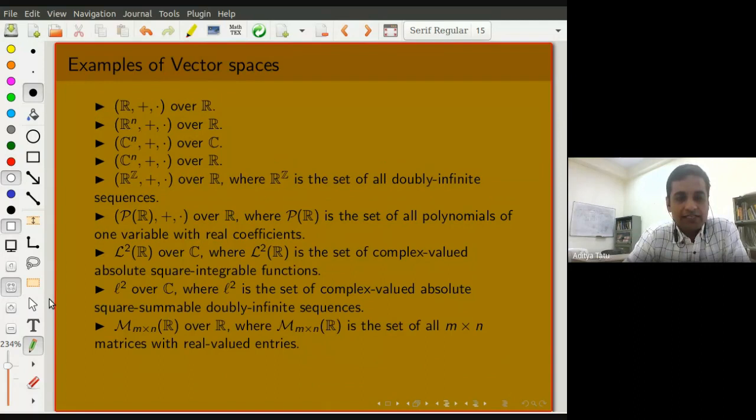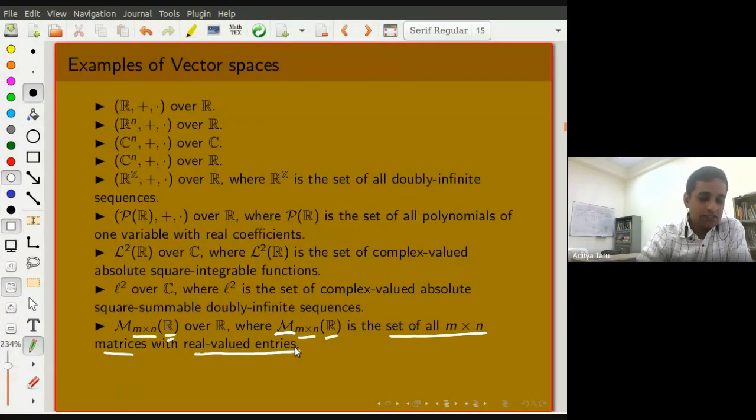Again, a different example of a vector space is the set of all m cross n matrices with real valued entries. Capital M m cross n over R denotes the set of all m by n matrices with real number entries. That also forms a vector space, and I don't think it is very difficult to see what the vector space operations should be.